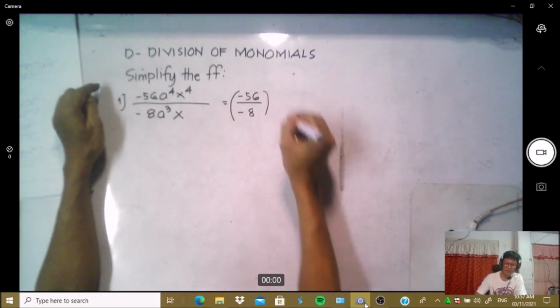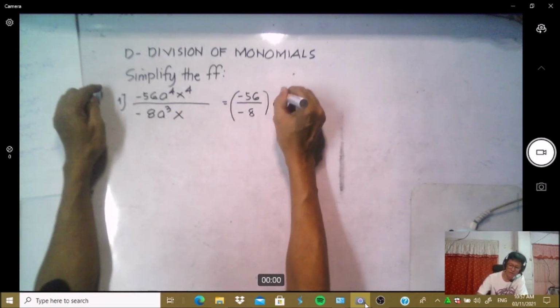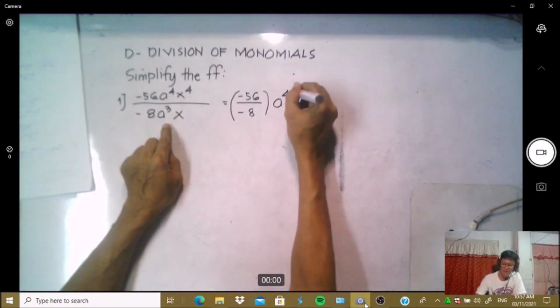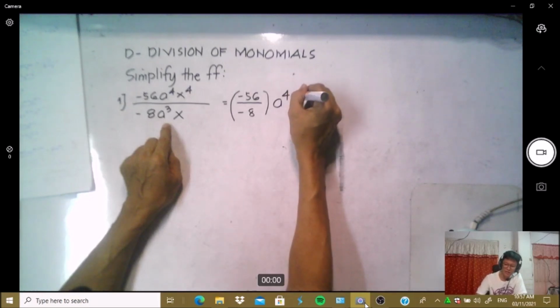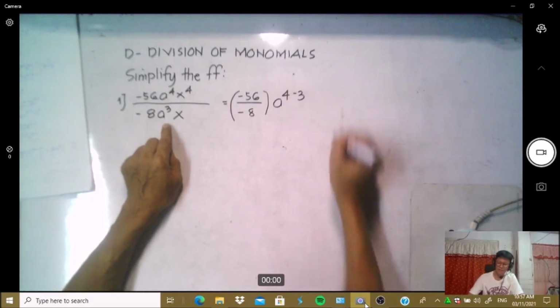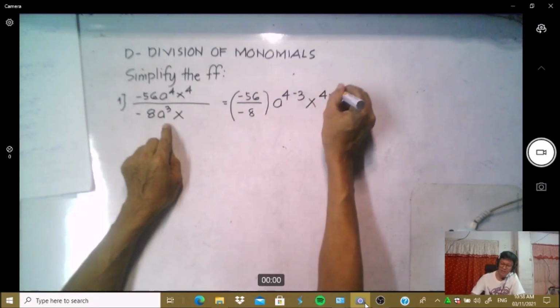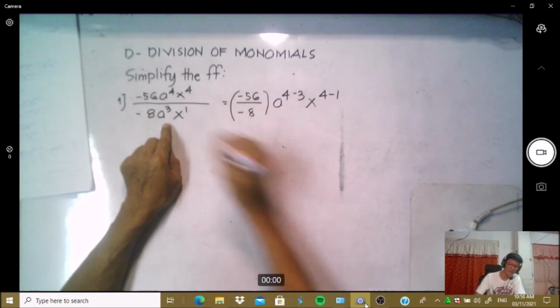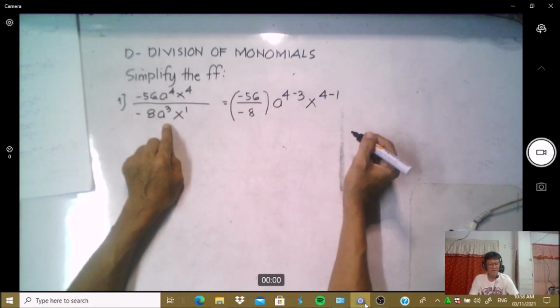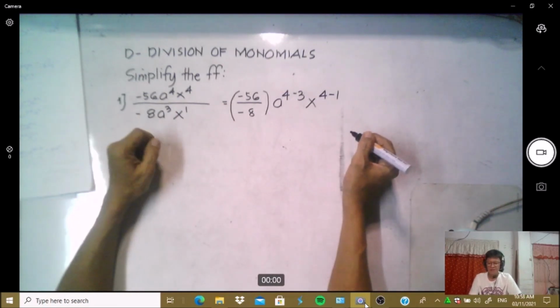Then let's start with the numerator. We have a raised to 4. Then just subtract the exponent in the denominator. So that will be 4 minus 3. Then we have x, 4 minus 1. Okay, whichever is larger, that exponent will govern.